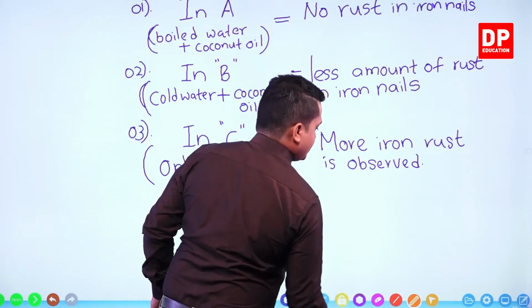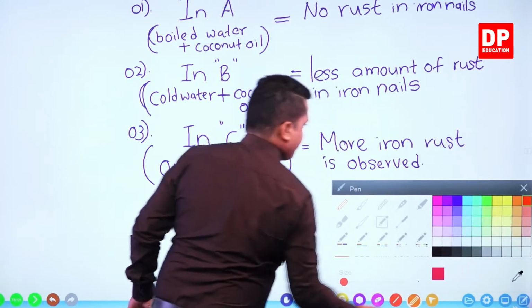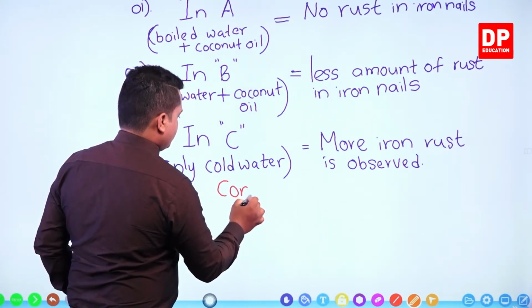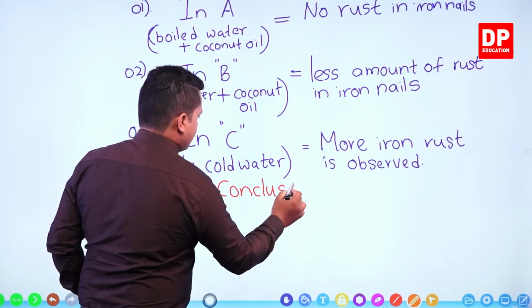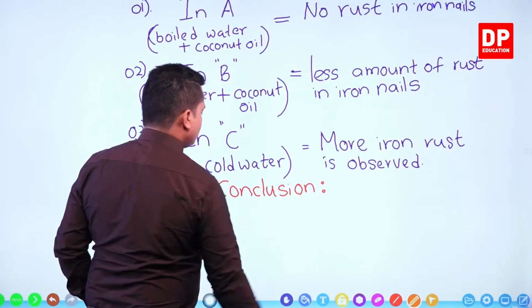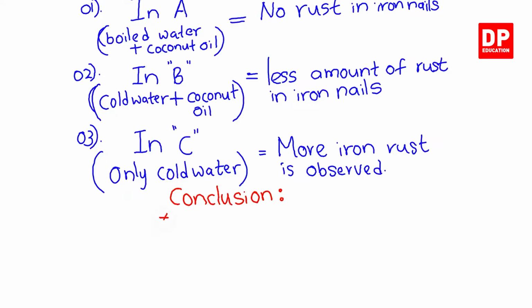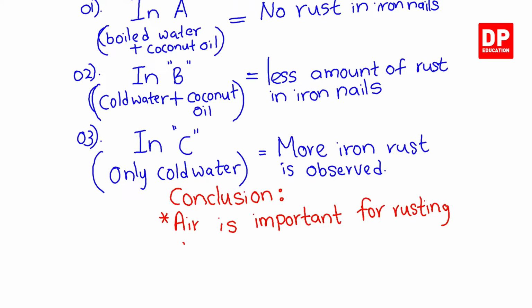So my conclusion is: air is important for rusting of iron.